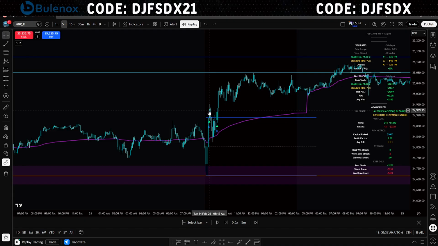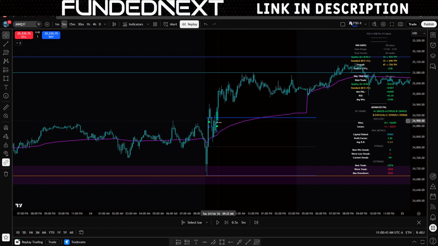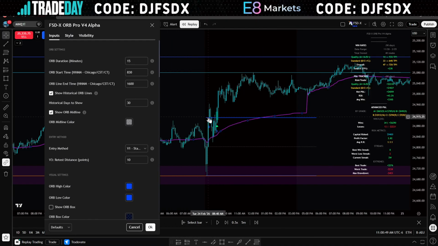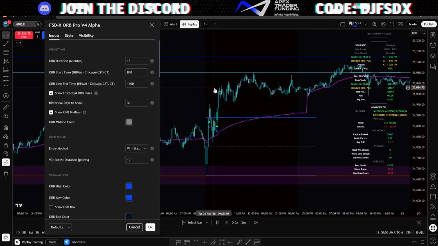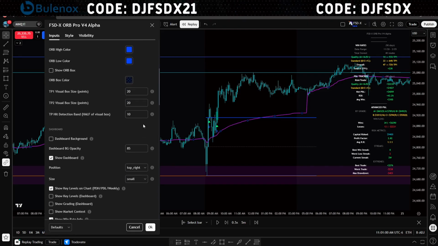Say it was a B setup and we entered this trade here. We didn't get taken out. And then it was another B setup. With the realistic tracking toggled on, it cannot track a second trade until the first trade either hits TP or stop loss. It cannot enter a second trade. So this is what keeps it from inflating the numbers.